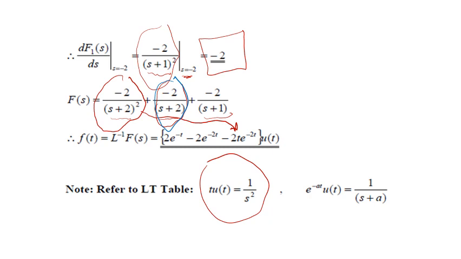This is found here, and minus 2 over (s+1) is given here. Let me just change the color. It's going to be this one. So that's how we express the function in time domain. That's how we convert the Laplace domain to time domain, as you see here.